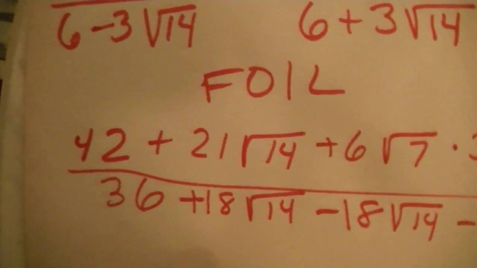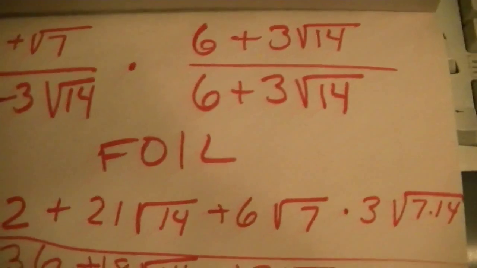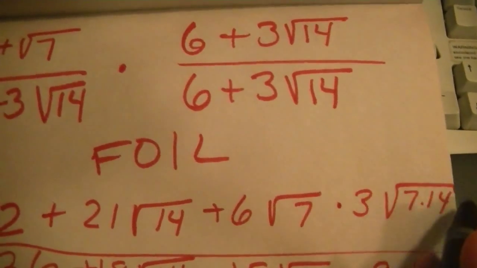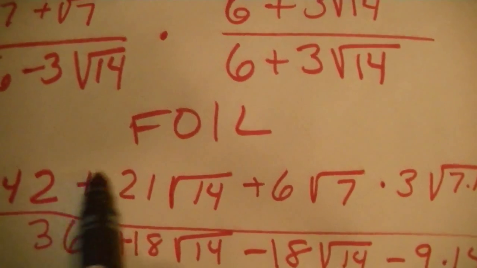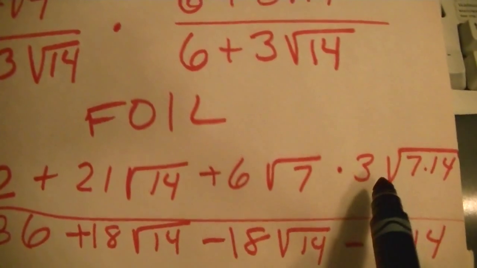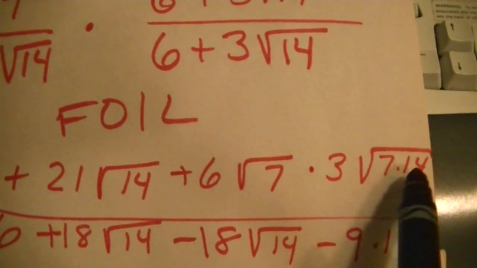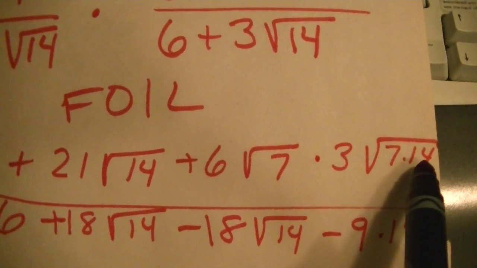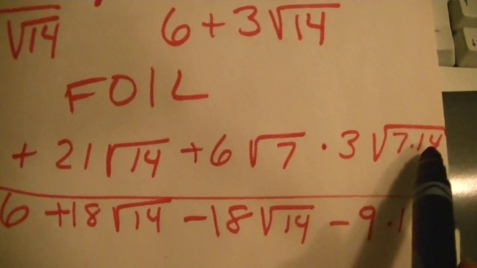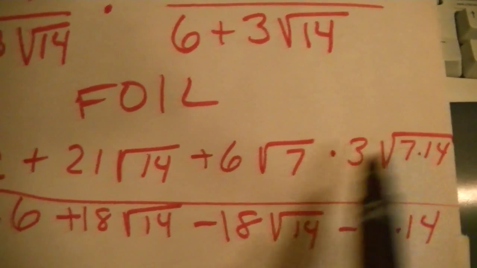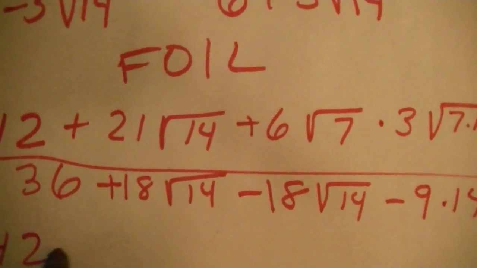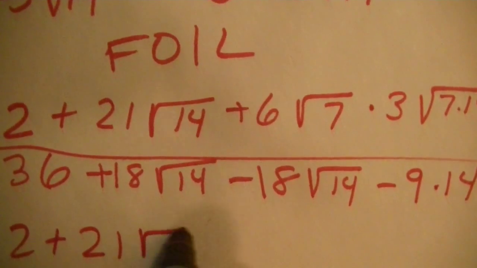Okay, so now, what else can we simplify? Let's see. So let's simplify this. This all looks pretty good here. We can't do much with that. So we'll just rewrite it. But then I can change this to the factors of 14, which are 7 and 2. Then I notice I have a 7 times a 7. So let's write that out and see what we can do with it.